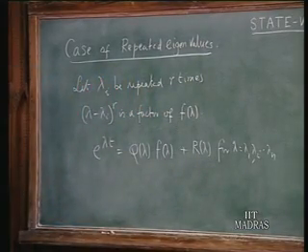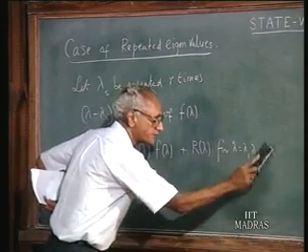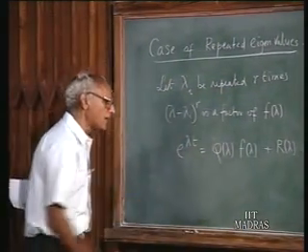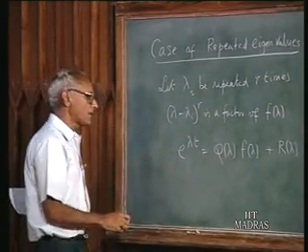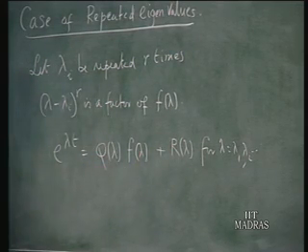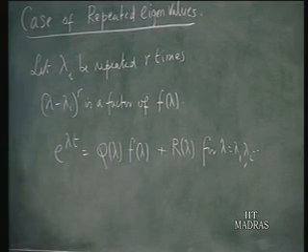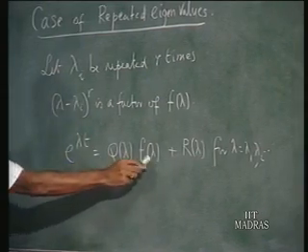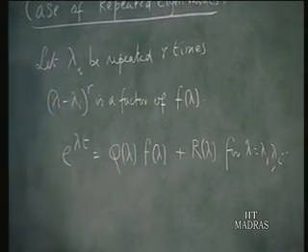Okay, I will just leave it at that. Now when you substitute lambda I, then certainly e power lambda I t equals r of lambda I, because this becomes 0.